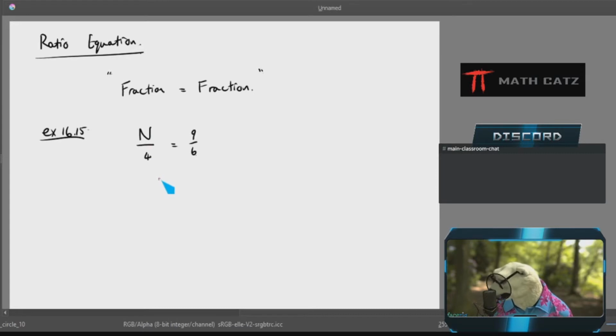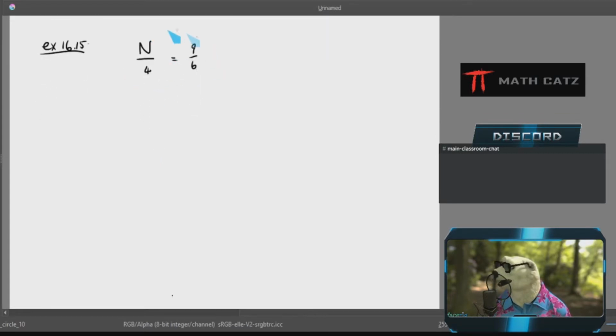Now, without knowing anything about ratio equations, what do I have to do? Well, I have to multiply both sides by 4, and then I get n equal to 9 times 4 over 6. Calculate that, don't calculate it, that's not really the point. The point is I can do it.